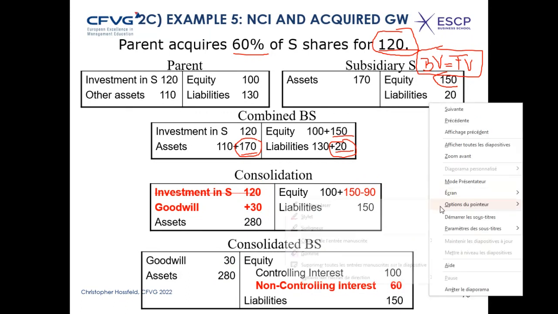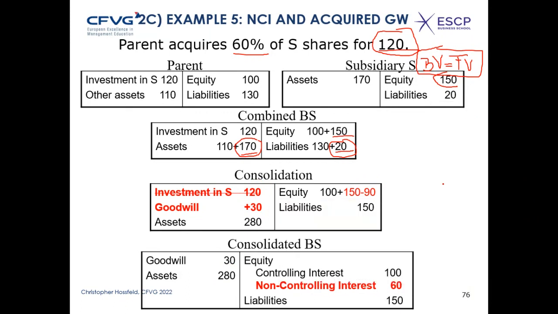Some people criticized in the past and do criticize even today this acquired goodwill method, because they say to some extent this is not logical. Why is it not logical? Well, because regarding the subsidiary, I incorporate 100% of the assets included here.